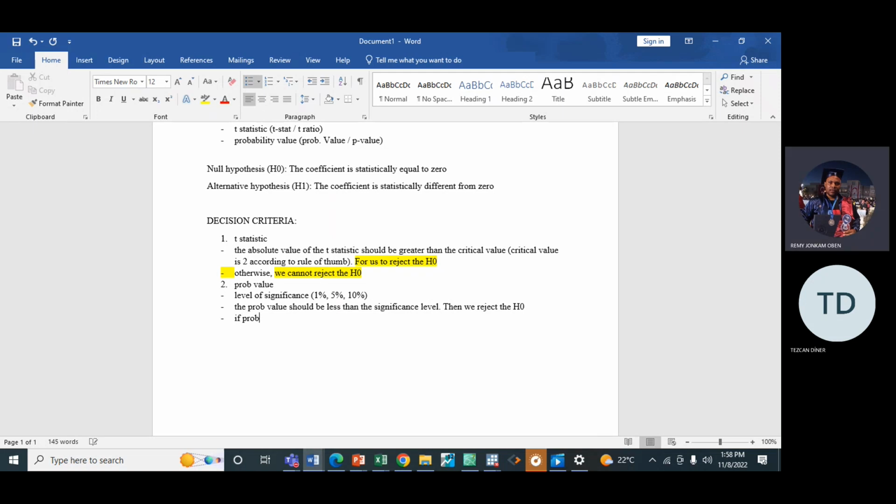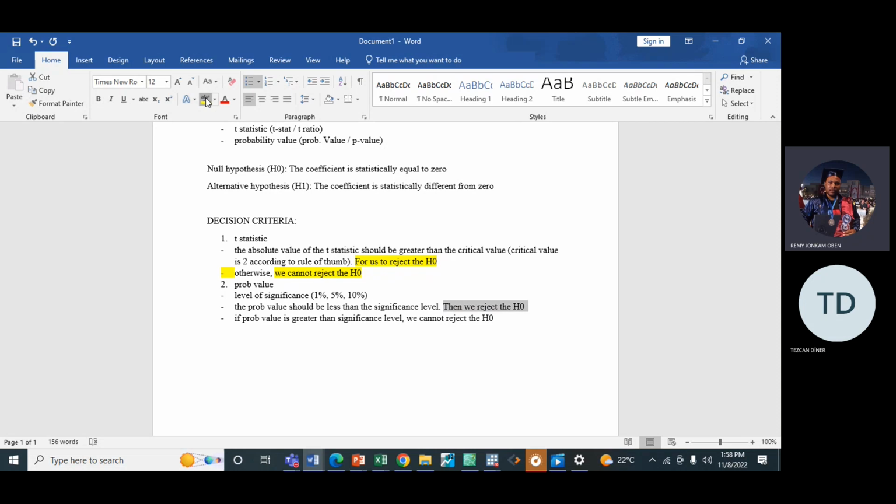If probability value is greater than the significance level, we cannot reject the null. Okay, guys.